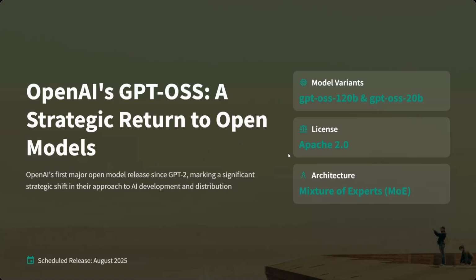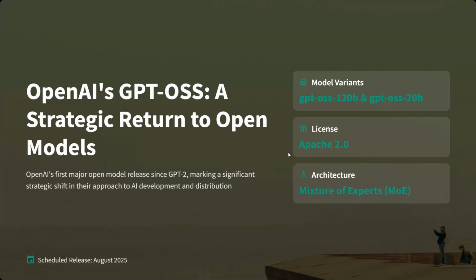And if you haven't watched my earlier videos where I walked through the new GPT open-weight model, how the OpenAI model has been released, their first major open-source release since GPT-2. This model has 120 billion parameters and a 20 billion parameter version.